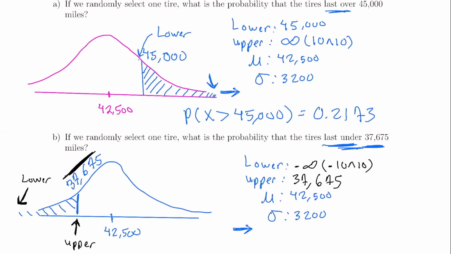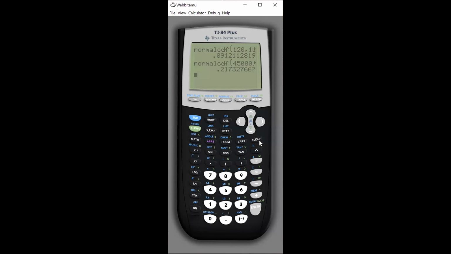All right, so let me go ahead and share the TI-83. First I'm gonna press second, then VARS, and go down to normal CDF. All of my old information is still there, so for mu and sigma, I don't have to change it. The only thing I have to change is my lower bound and my upper bound.